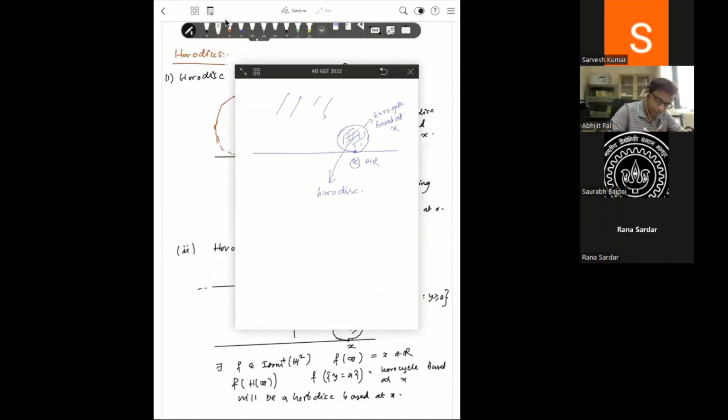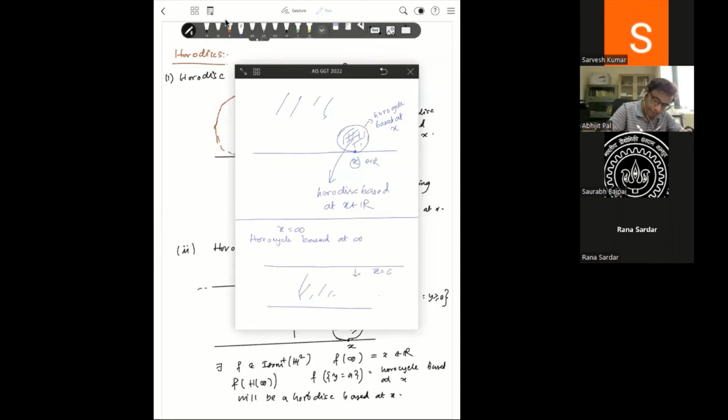So this is the horodisk based at x belonging to R. Now if I take x to be infinity, what do we mean by the horocycle based at infinity? Again you take this upper half plane and any horizontal line, say z equals a.